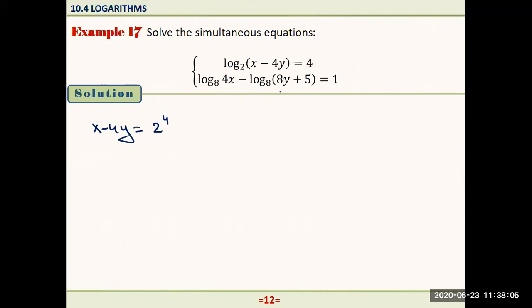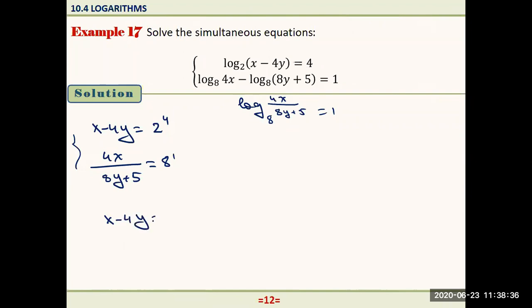And the second: the logarithm of 4x divided by (8y plus 5) to the base 8 is equal to 1. So I can write it as 4x over (8y plus 5) is equal to 8 to the power 1. And here we have x minus 4y is equal to 2 to the power of 4, which is 16.